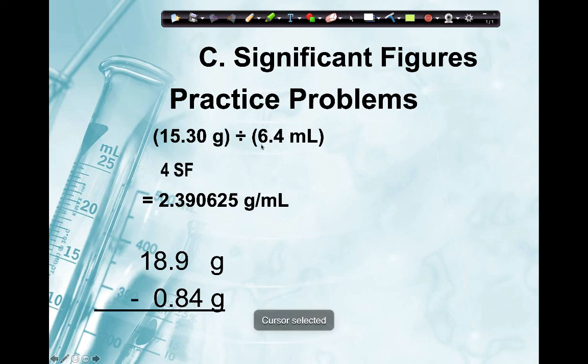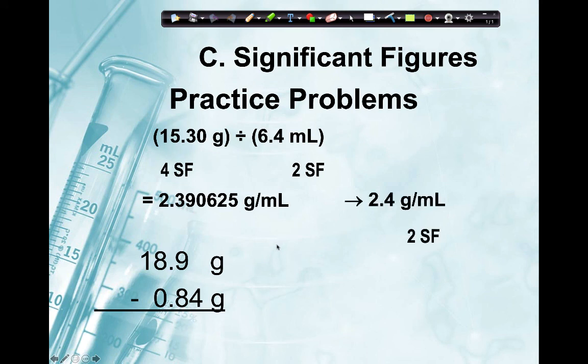And then I have 2 here. So I want my answer to have the lowest number of sig figs, so 2. So I go to my second significant figure, which is a 3. I have a 9 behind it, so I'm going to round it to 2.4. And I don't have any zeros behind that, because if I put a 0 there, that's more significant figures, because there's a decimal point.